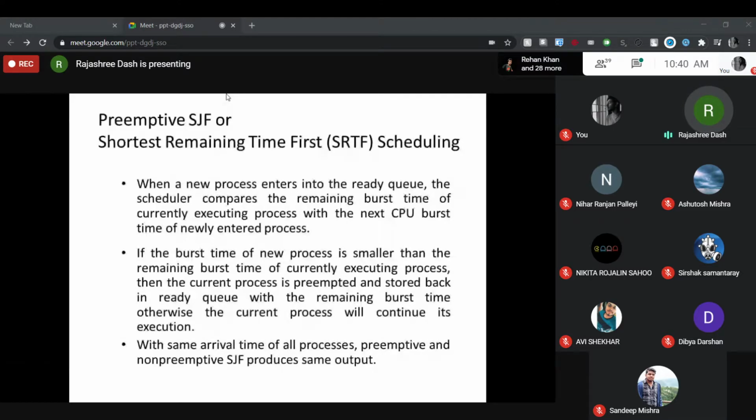If it is smaller than the remaining burst time of the currently executing process, then the current process is preempted.